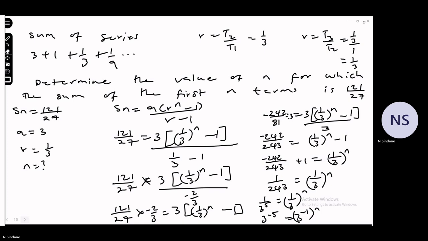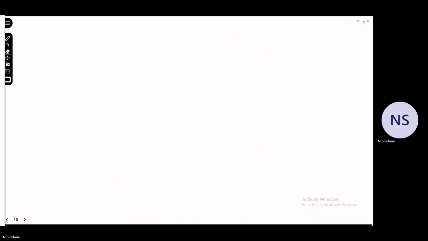According to the laws of exponents, this will be 3 to the power negative n. Bases are the same, leave them out. Deal with the exponents, negative n. If I divide by negative 1, I can see that n will be 5. Right? My value of n is equal to 5. Then I'm done with that question.